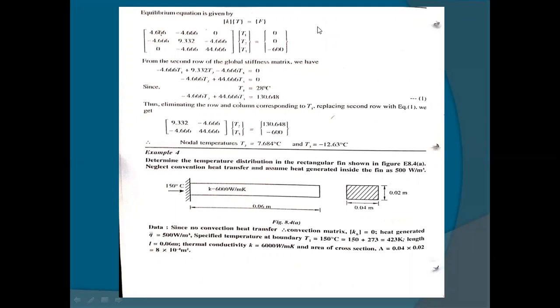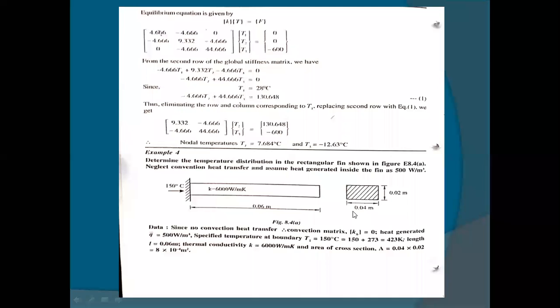Next type of problem here. Determine the temperature distribution in the rectangular fin. So this is also a fin, and they told us it is a rectangular cross section, shown in the figure.